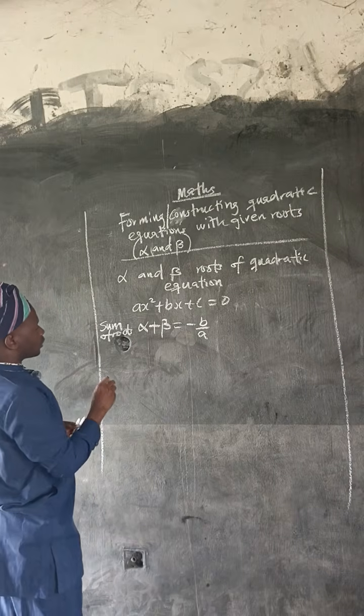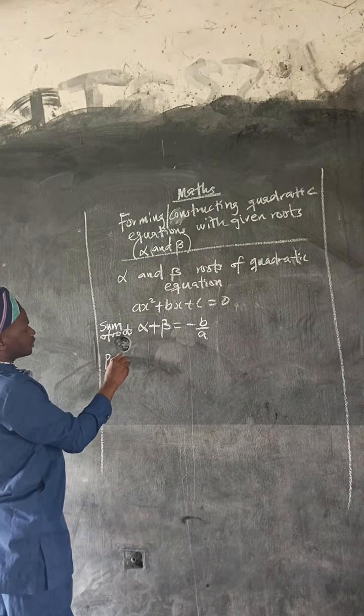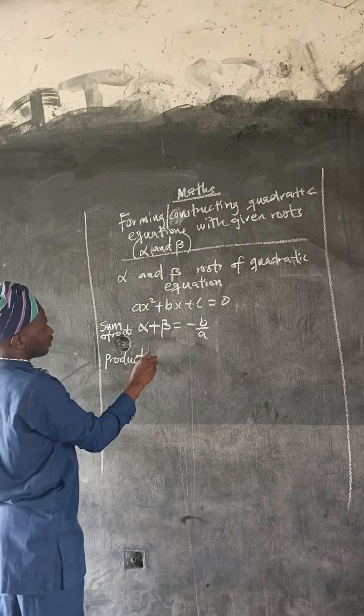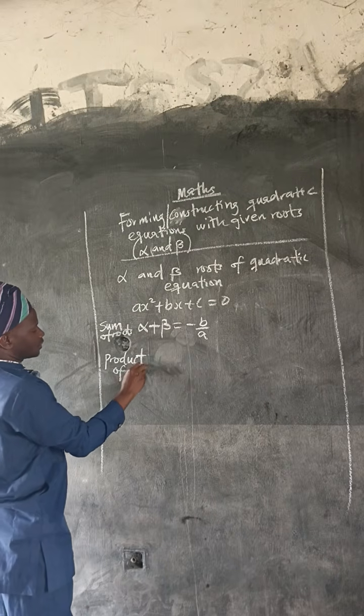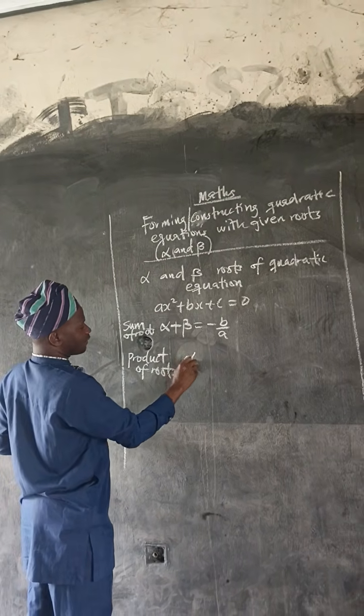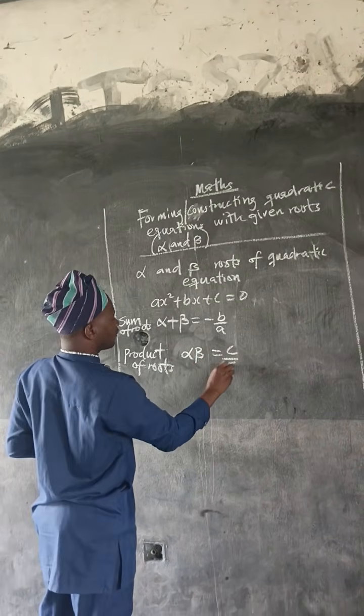And also the product of the roots, alpha beta, equals c over a.